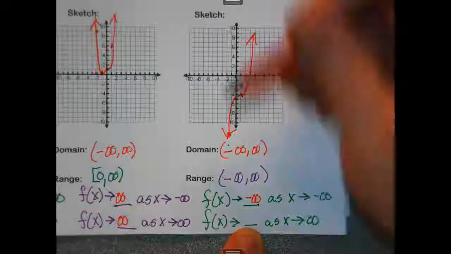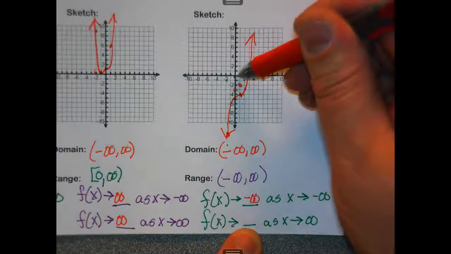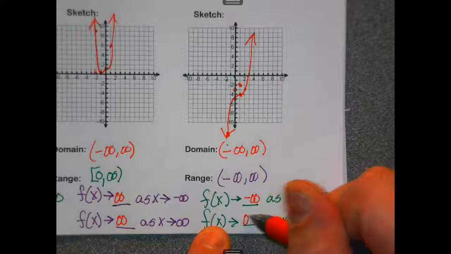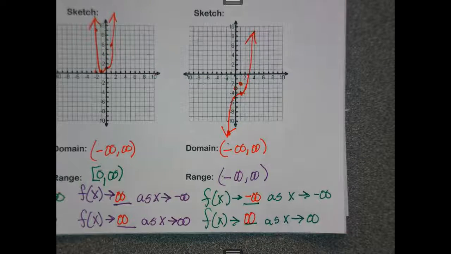And then as my x goes to positive infinity, my y is going to go positive. What? On the end. You have to put down everything. I'm lazy.